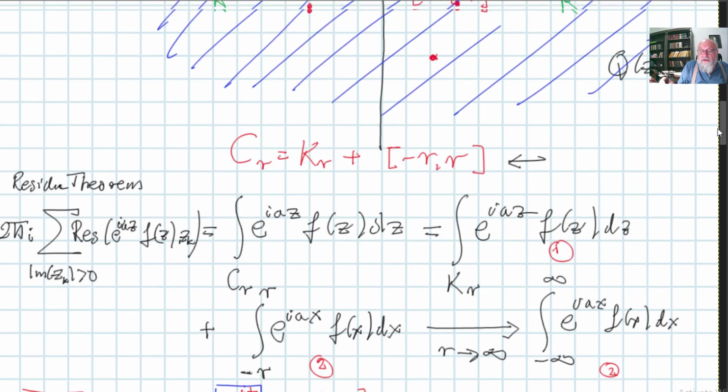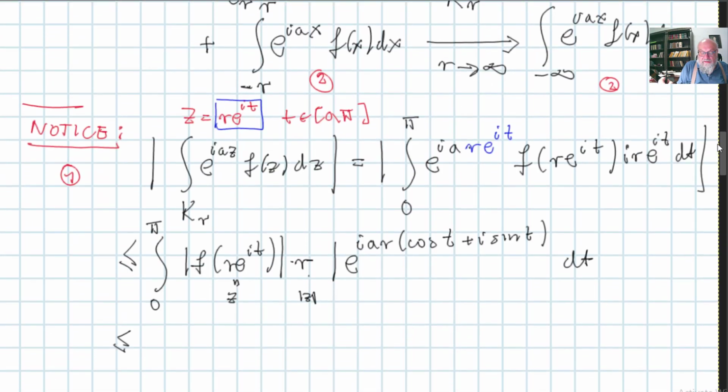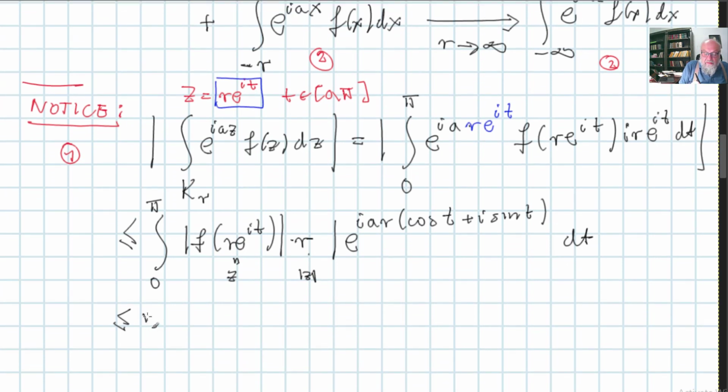So this z is from exactly this circle. I can simply estimate the maximal value of the modulus of f(z) for |z| equal to r.